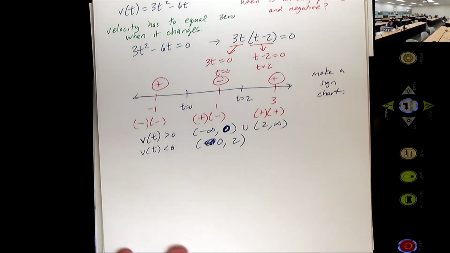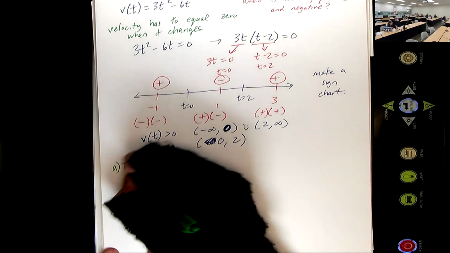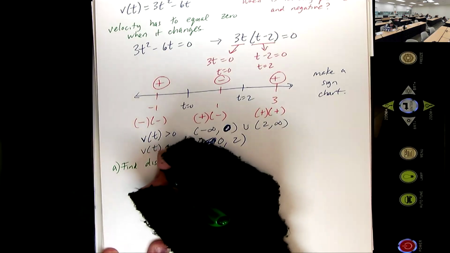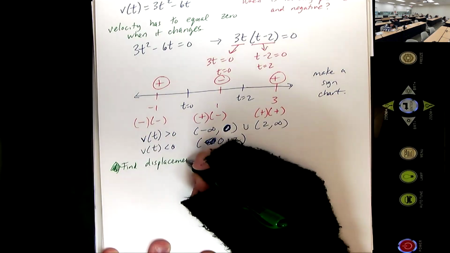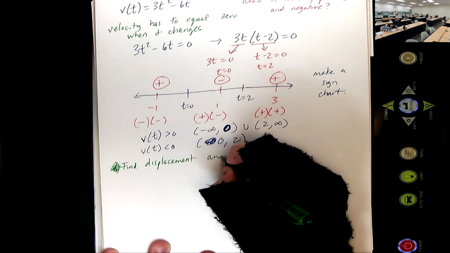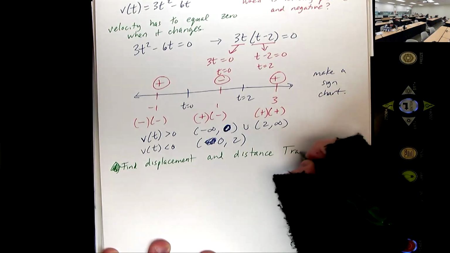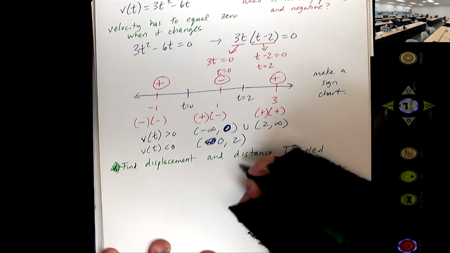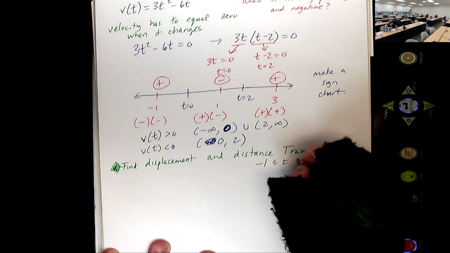So let's use this to find displacement and distance traveled. I don't need A. Find displacement and distance traveled between -1 is less than or equal to t is less than or equal to 5.